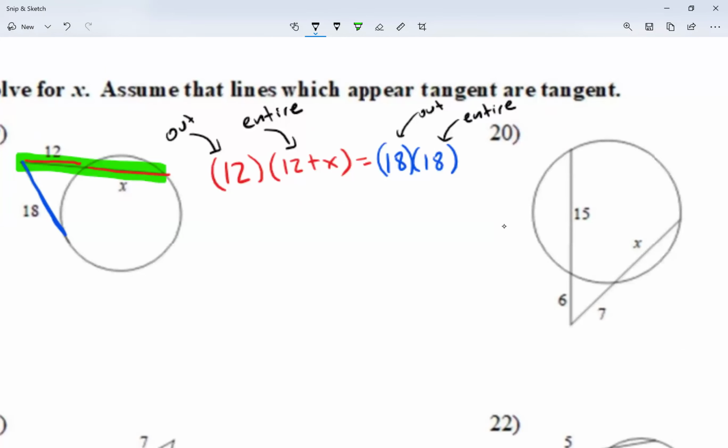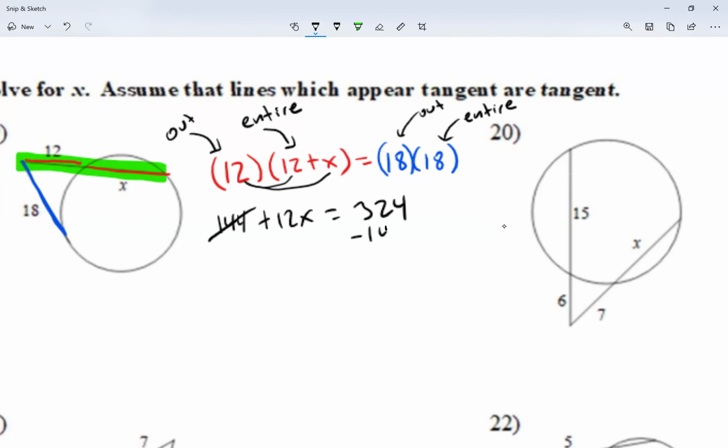All right, now the rest looks like algebra. I'm gonna distribute the 12. So 12 times 12 is 144. 12 times x gives me 12x equals 18 times 18 is 324. I want the 12x by itself, so there's 144. I want to get rid of it. I'm going to move it to the other side, but I got to switch the sign. So let me switch this to a minus 144.